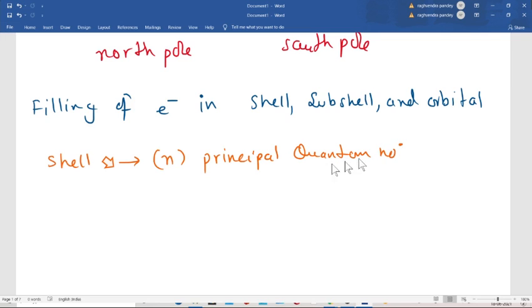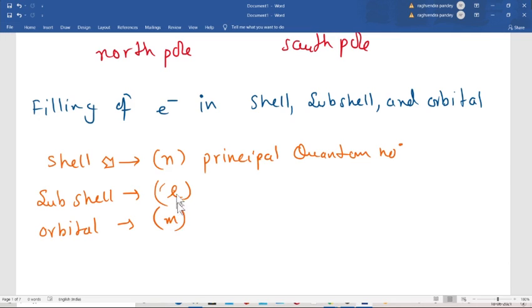Then comes the subshell. Subshell is your l, the azimuthal quantum number, and orbital is your m. So that is the notation used in the USA: shell, subshell, orbital.